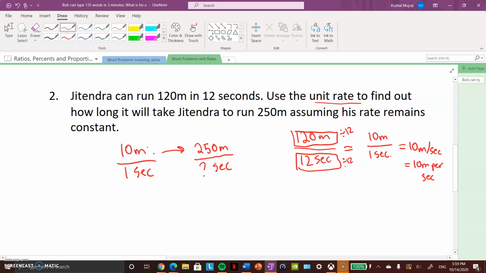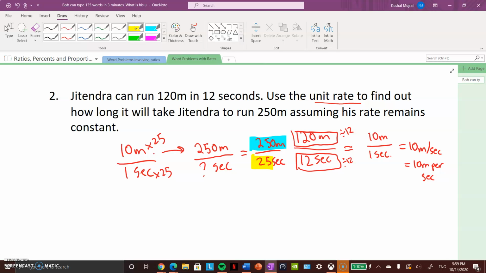So what we would do is we would multiply the top by 25 and the bottom by 25. So then we would get 250 meters over 25 seconds. So, as you can see, it takes him 25 seconds to run 250 meters.